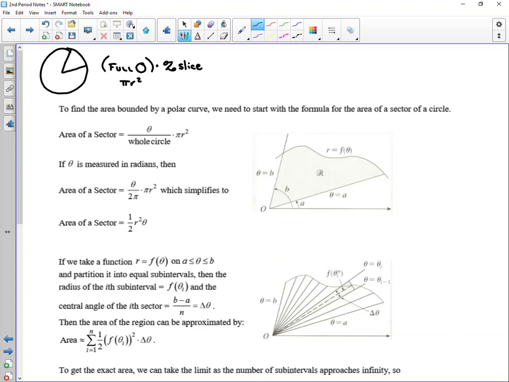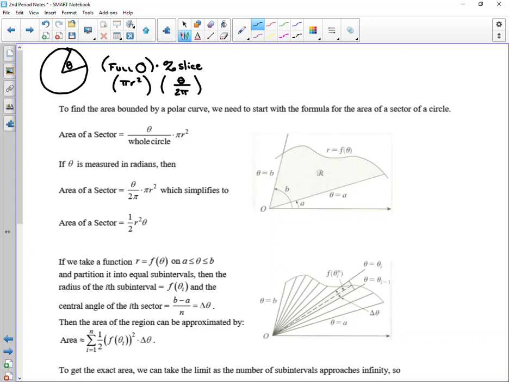Okay, so the percentage of the slice is, if this is theta, right, then the percentage of my slice will be theta divided by 360 or 2 pi, right? So that's how you get the area of just one slice of a circle, right? Pi r squared times theta over 2 pi.